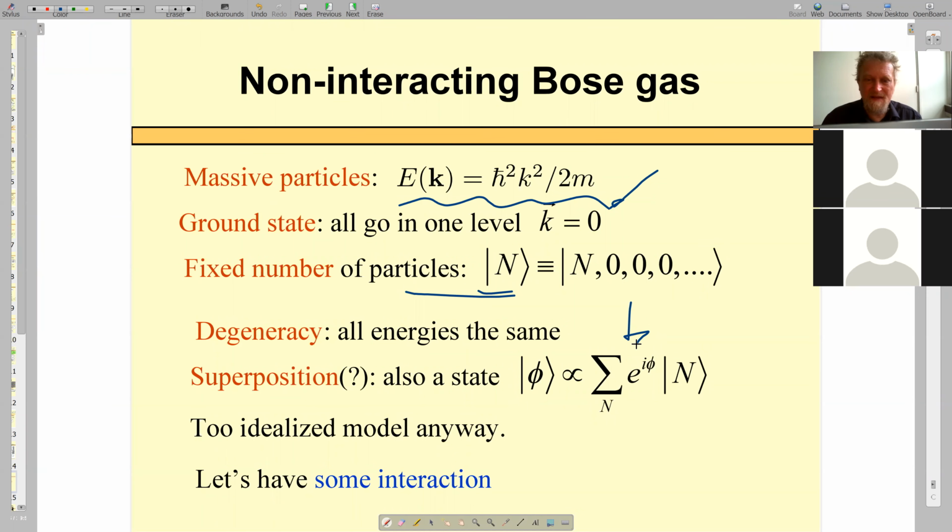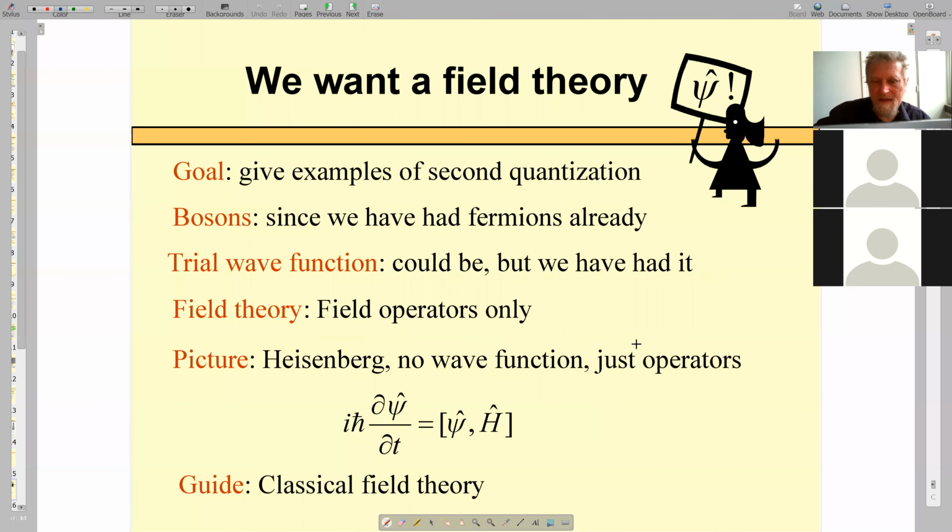But this model looks too idealized. In reality, there's some interaction, some repulsion or attraction, between the gas atoms, between these bosons. So let's have some interaction. And first of all, I would like to talk about a framework where we treat superfluidity. As we learn and refresh quantum mechanics, the same quantum mechanical phenomenon can be treated in different frameworks, different pictures.